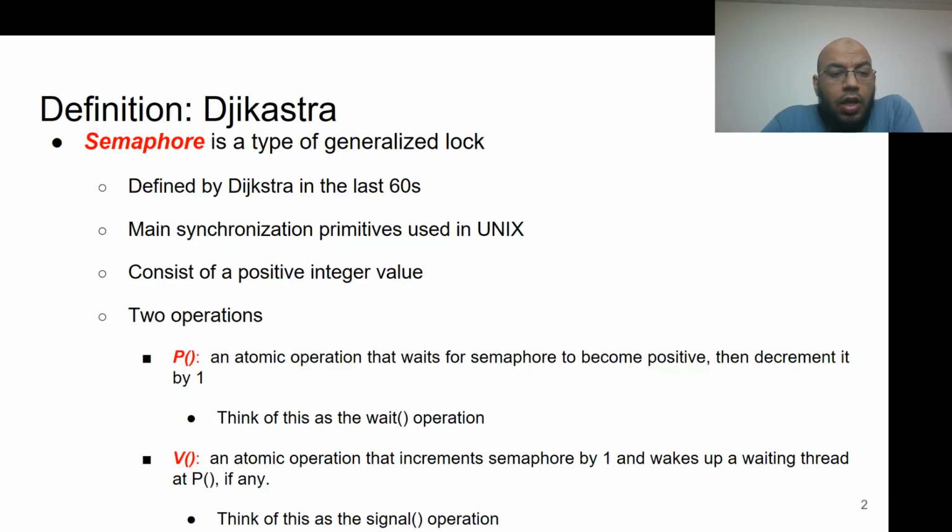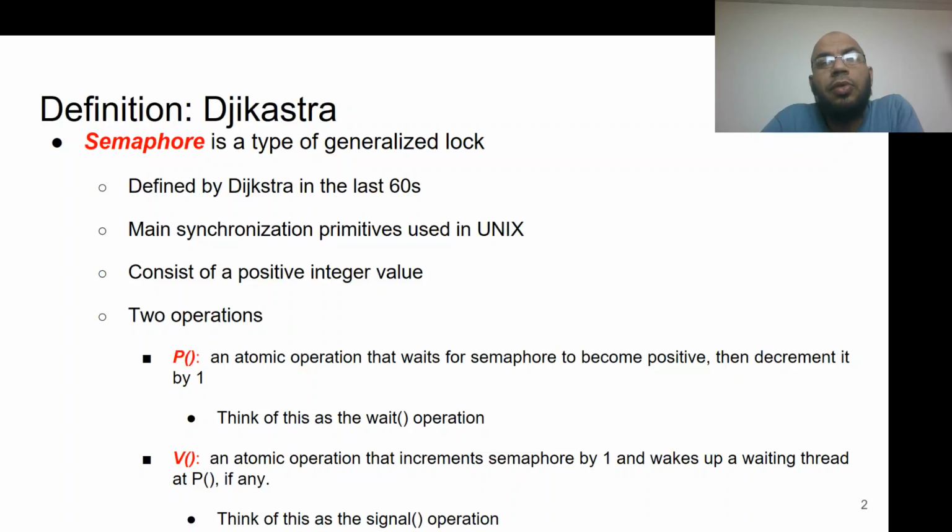And V, which is an atomic operation that increments the semaphore by 1 and wakes up a waiting thread at P. So it's basically the signal operation. Once a resource becomes available, you can call V, which is like a signal, and that signal operation will wake up the different callers.